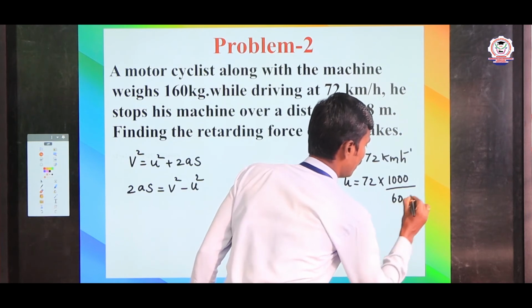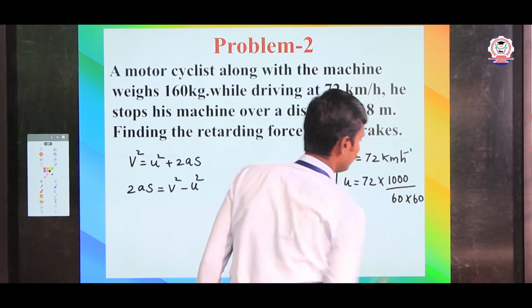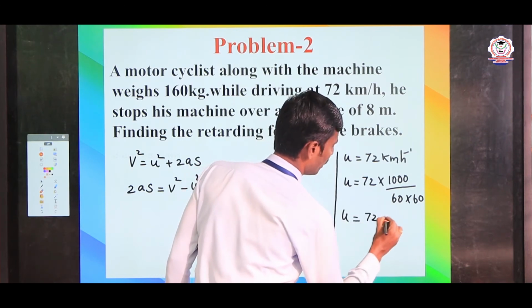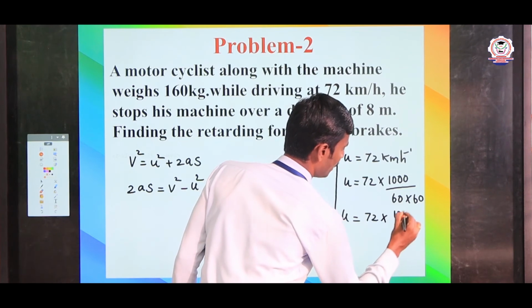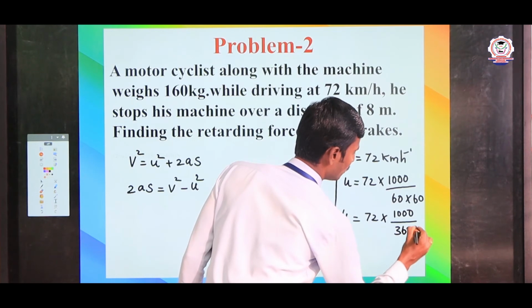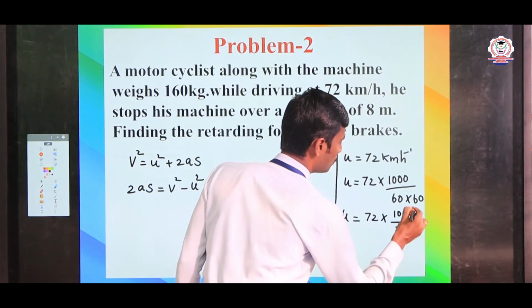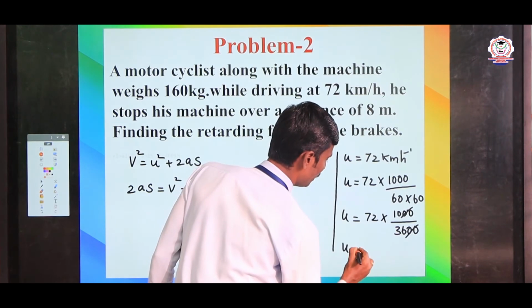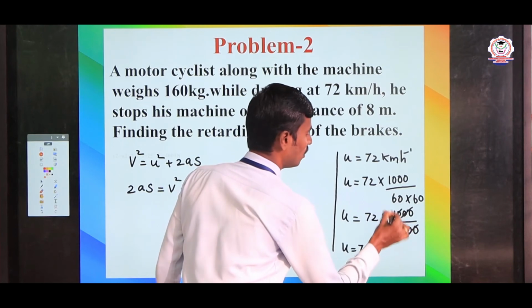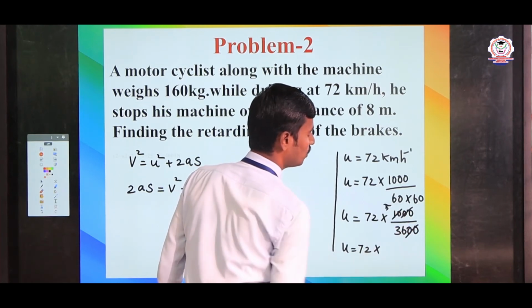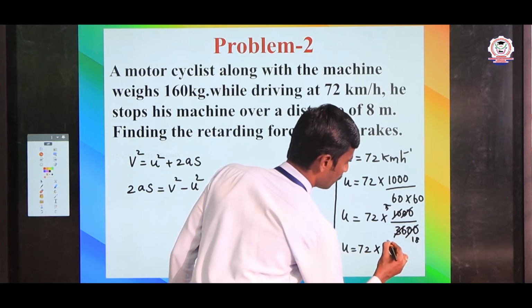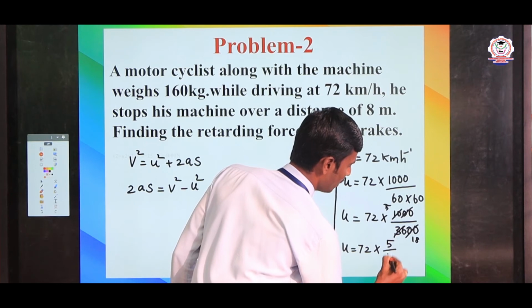Simplify: U equals 72 into 1000 divided by 60 into 60, that is 3600. The zeros cancel, leaving 72 into 5 by 18.